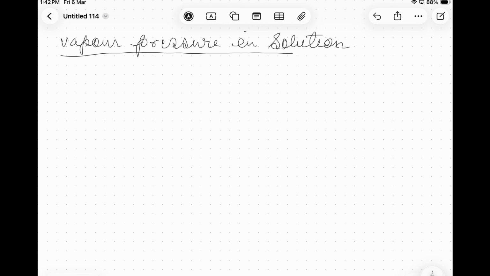Vapor pressure in solution. A solution may be of two types: a solution containing both components, solute and solvent, as liquids, or one where the solute is solid and the solvent is liquid.